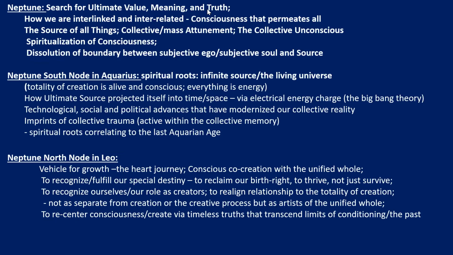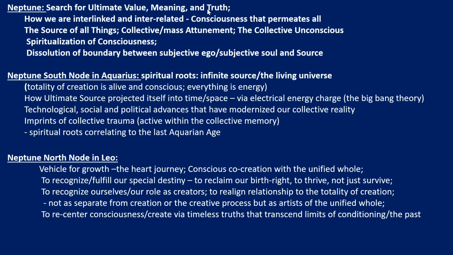And it also represents the imprints of collective trauma, Aquarius, Uranus, that are active within the collective memory. It also ties us to our spiritual roots, correlating the last Aquarian age. And again, it's no surprise that people have remembrances, or that somewhere in our memory pools, we have some sense of Atlantis. That'll be that South Node in Aquarius, right?